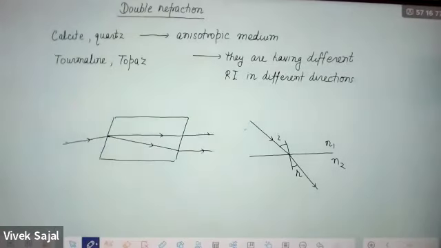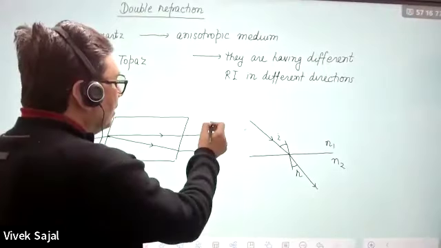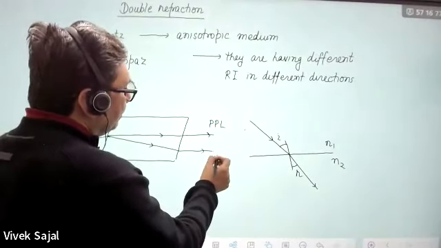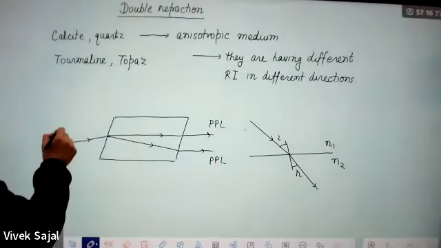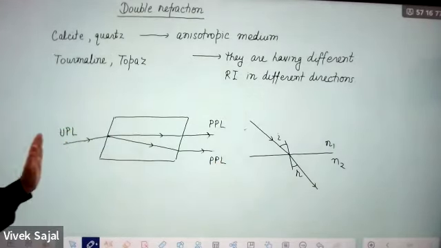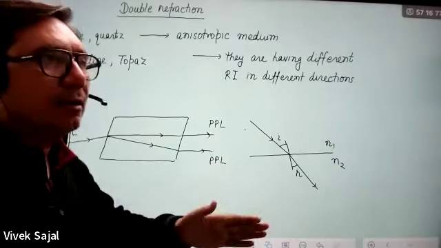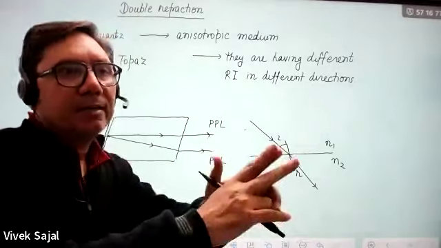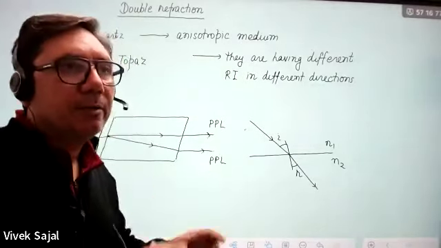And both will be plane polarized. This is plane polarized light, this is plane polarized light, and this is the incident light, or you can say unpolarized light. So when unpolarized light is incident on these crystals, you will find that for one incident light there will be two refracted rays, and both will be plane polarized.